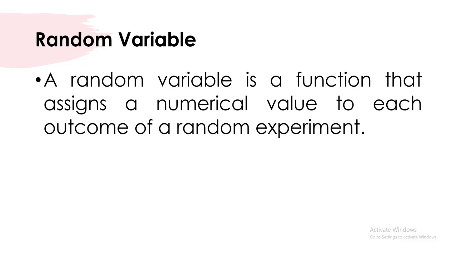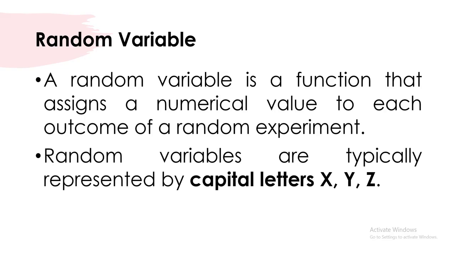Now, what is a random variable? A random variable is a function that assigns a numerical value to each outcome of a random experiment. When we say variable, these are typically represented by capital letters X, Y, and Z. Kaya nga siya variable kasi letters siya. So, these functions or variables represent a numerical value.